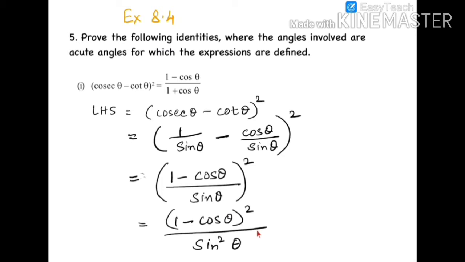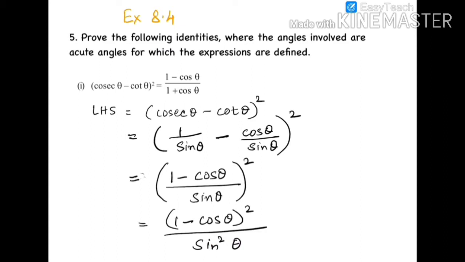Now compare what you have got with the right hand side. In the numerator we want 1 minus cos theta. So here we have got 1 minus cos theta, but it is raised to power 2. In the denominator we have sine square theta. So find a way of writing sine square theta in terms of cos square theta.